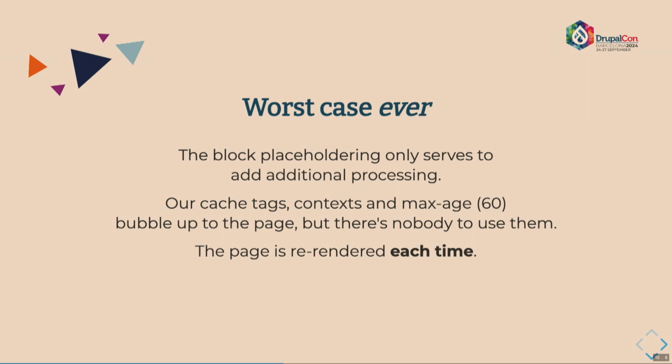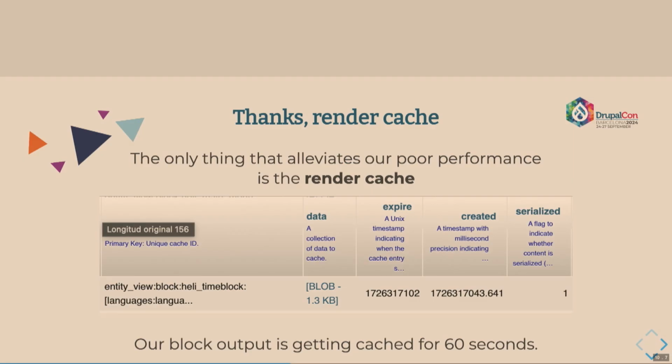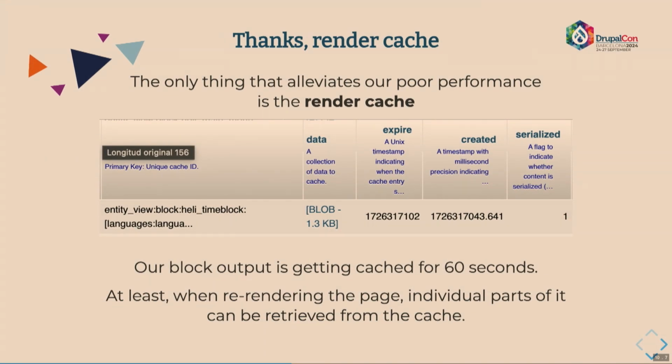It's doing nothing, okay? And the cache tags, context, and max age may bubble up to the page, but there is no page cache to use them. So the page is re-rendered each time. We are doing nothing in this case, okay? We have the render cache to say thanks, because at least the block is getting a cache entry in the render cache, and the expire timestamp, for example, is 60 seconds.